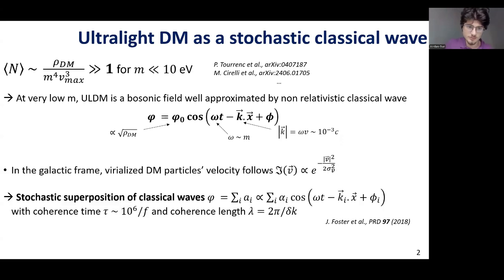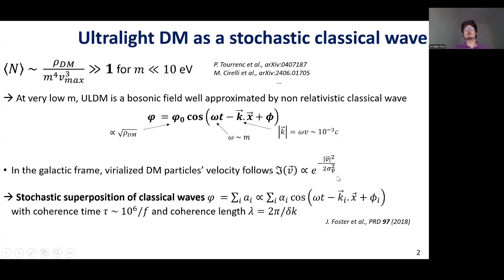Now, a second feature that is important is that in the galactic frame, the dark matter particles are virialized, which means that they do not have the same velocity, but actually they follow a specific velocity distribution, which is in the simplest models a Maxwell-Boltzmann distribution, which looks like this.